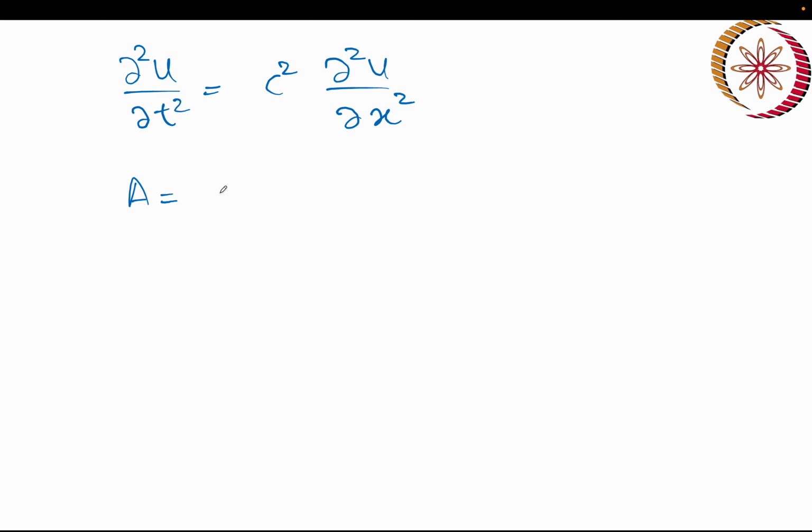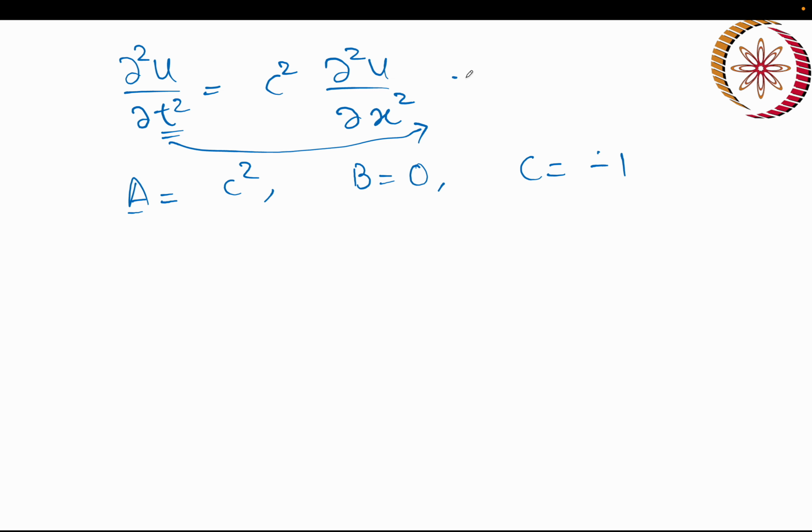which is nothing but the wave equation itself. So dou square u by dou t square is equal to c square dou square u by dou x square. Okay, so we'll write a is equal to c square, and here, instead of y we have t, and b is equal to 0, and let's say we take the time term on this side, which is minus 1.